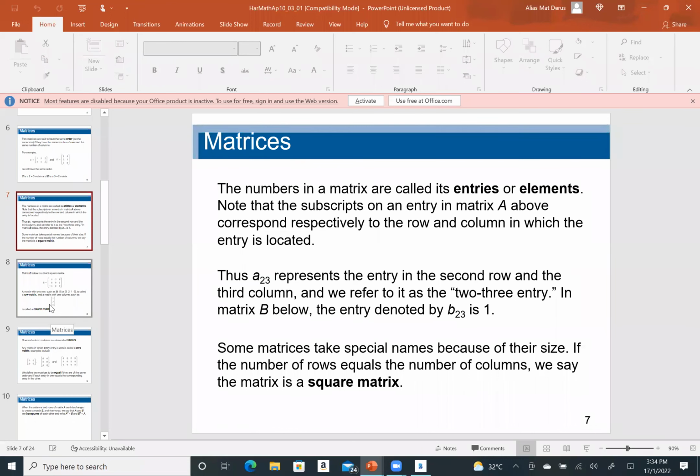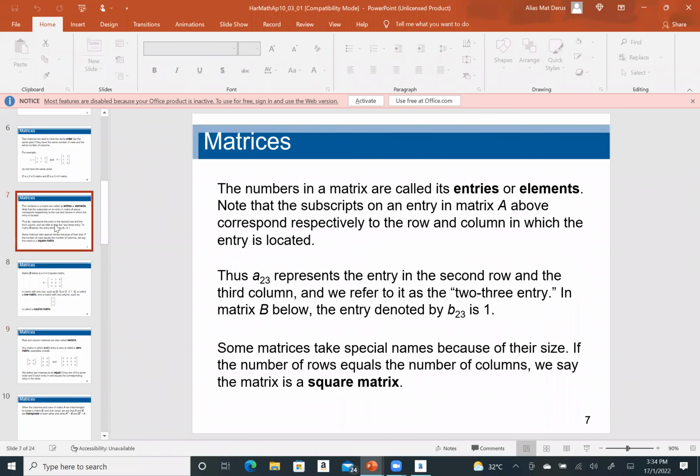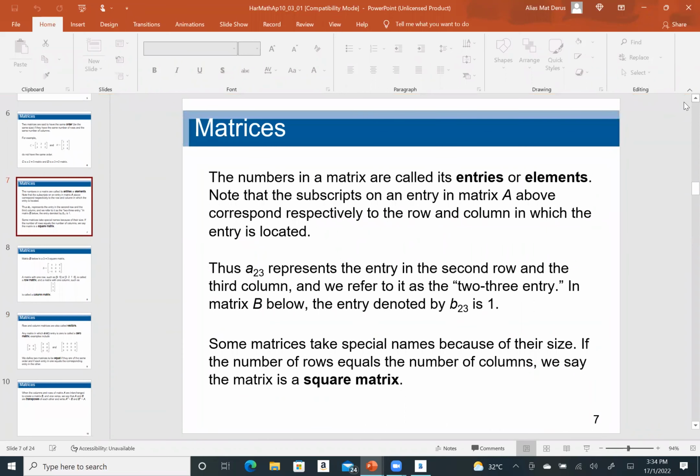Now, if you have a matrix with the same number of rows as the number of columns, we call it a square matrix. Okay, so number of the rows equals number of the columns. We call it square matrix.